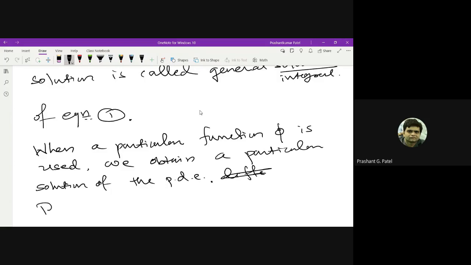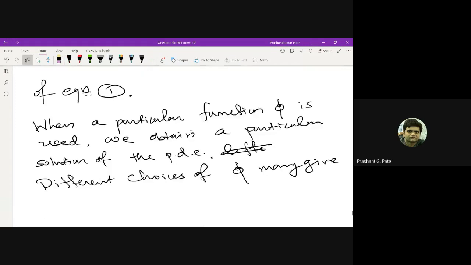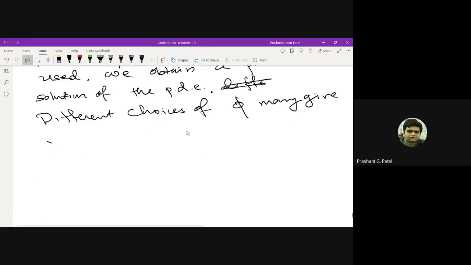A different choice of phi may give a different particular solution of the PDE.